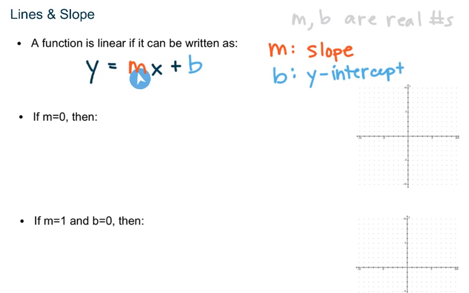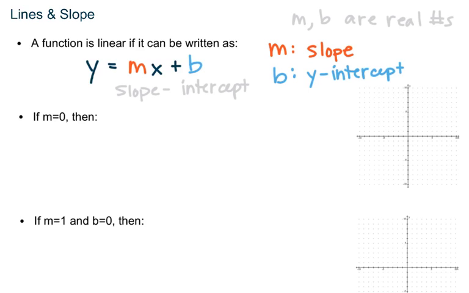So we have a slope, that coefficient of x, we have some number times x, plus b, the y-intercept, plus some constant, some number. So this form, representing our linear function, can be called slope-intercept form. And we'll talk more about slope-intercept form and how to find slope and also y-intercepts moving forward.